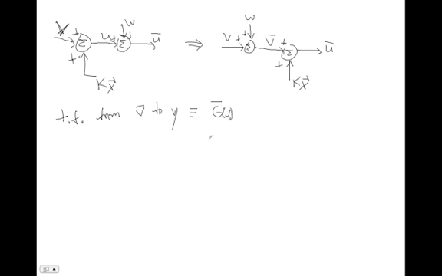If we actually go through and do this, there's just some algebra here that we don't want to show every single step, but it's going to equal C times (sI minus A minus BK) inverse times B. And if we notice, this is the transfer function of our original state feedback system before we did any of this augmentation business.